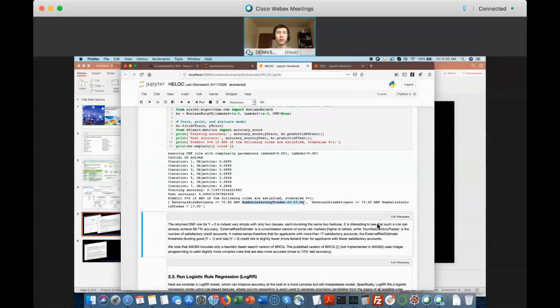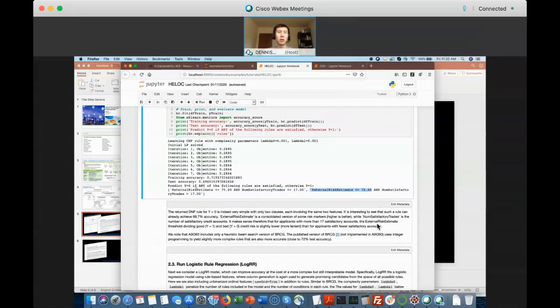So if the customer has fewer than 17 of these satisfactory trades, then we require the external risk estimate to be less than 75. Whereas if they had more than 17 of these satisfactory trades, then this threshold is a bit lower. This external risk estimate feature is pretty important. Think of this as a consolidated risk score, and higher values in this case are better.